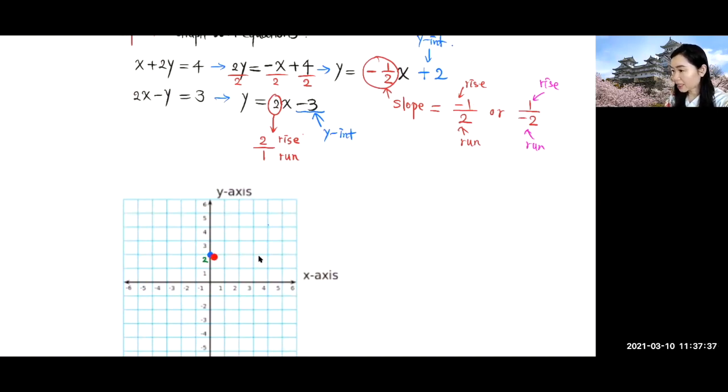From the y-intercept point, I go down 1 unit and then move to the right 2 units to get another point. So I end up at this point over here. Then I can draw a straight line that goes through them.